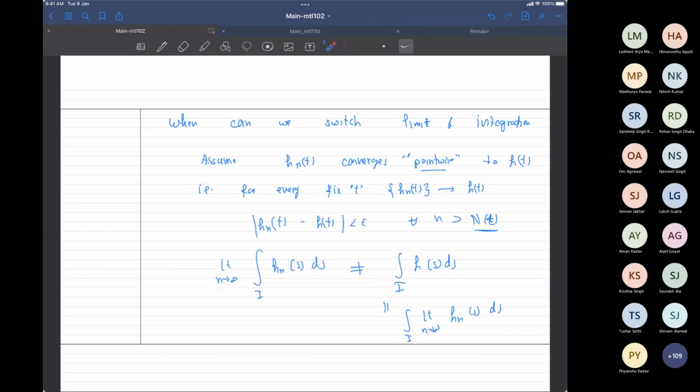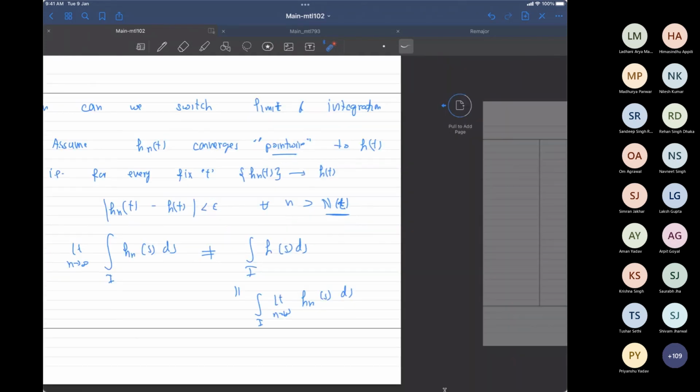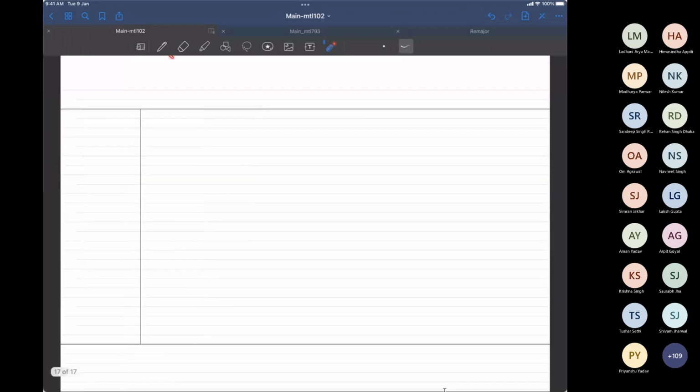They do not commute in this case. So this simple notion of convergence, what I have shown you, does not allow you to exchange the limit and the integral. Let's look at a very nice example. This will help you clarify many things.